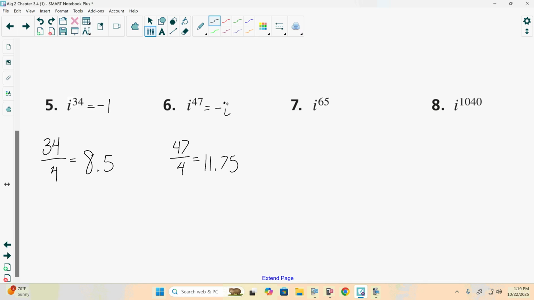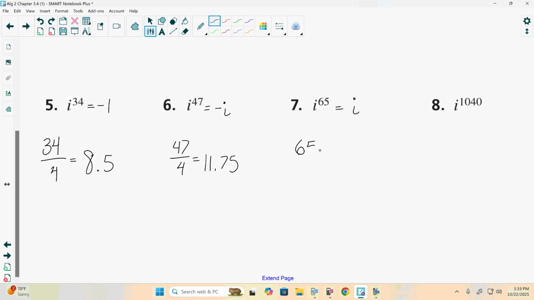It's 3 off, which means it's going to be i. Or we could say 64 would be another one that's divisible by 4. It's one above it, so it's going to be i. So does that make sense? It might be confusing for some, but you're trying to get how far away you are from the next divisibility of 4.